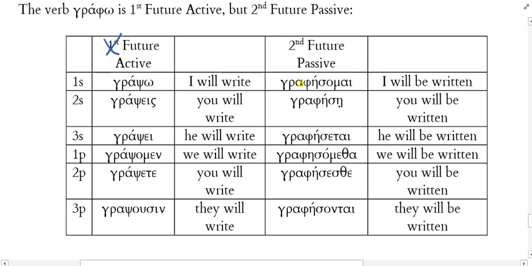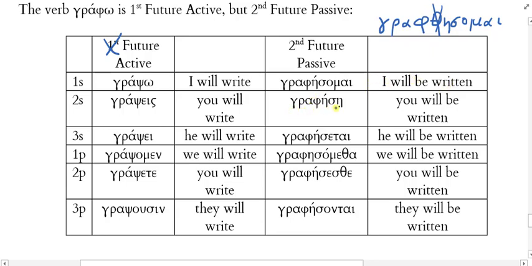But here, it's graphesomai instead of what I would have expected with a normal aorist future passive, which would have been graphthesomai. You see that? That's what I should have had. But since it's a second, I need to drop that theta. Graphesomai. Okay, so say these with me. Graphesomai. I will be written.